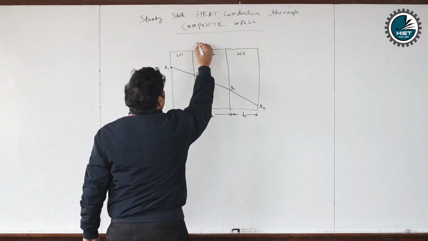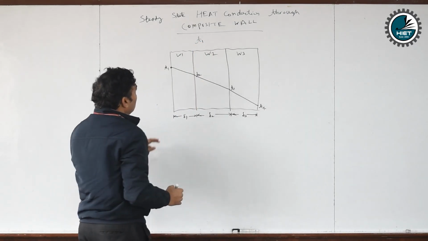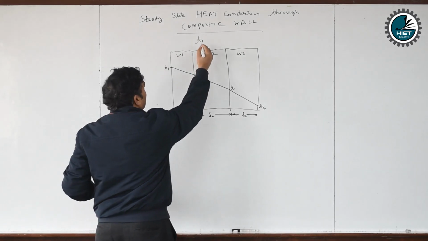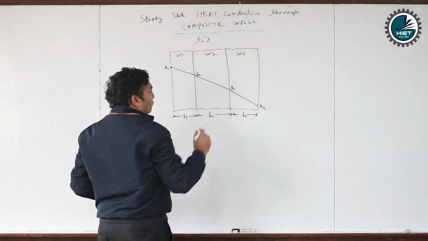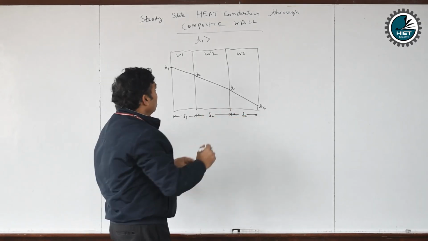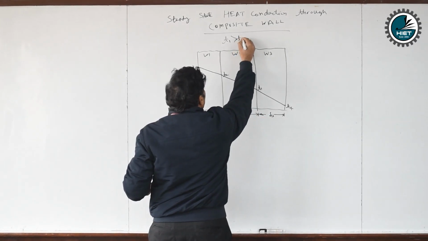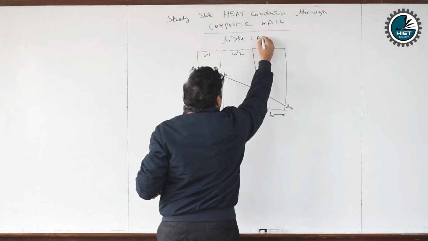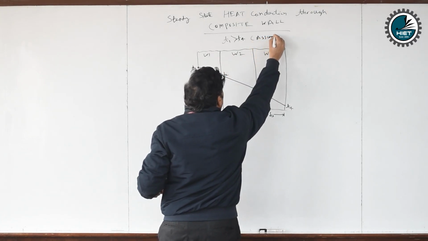Here we assume that the surface temperature of wall 1, T1, is greater than the last surface temperature T4. Then T1 is greater than T4. We are assuming this.